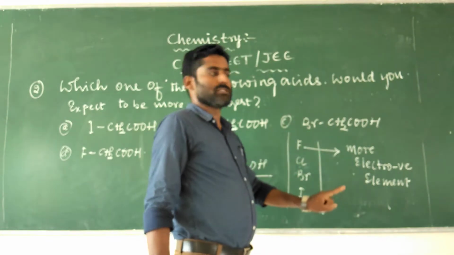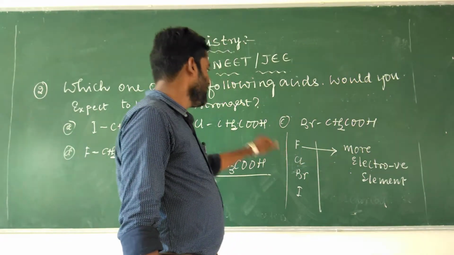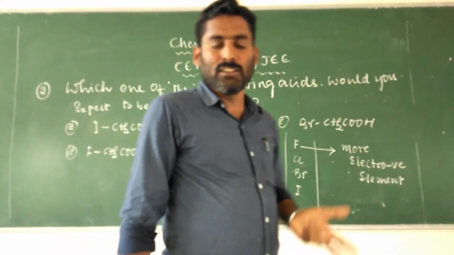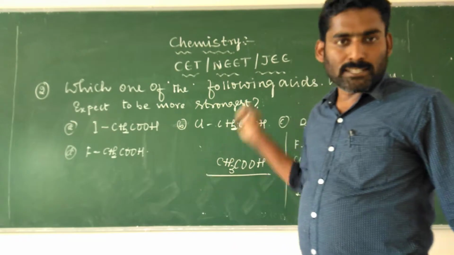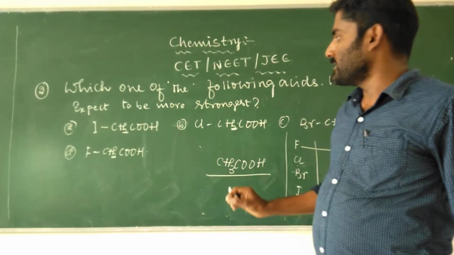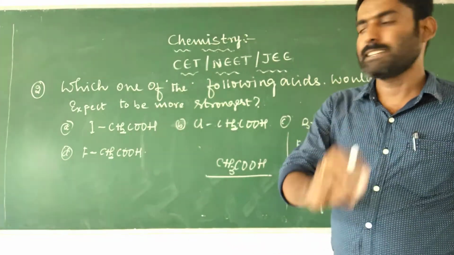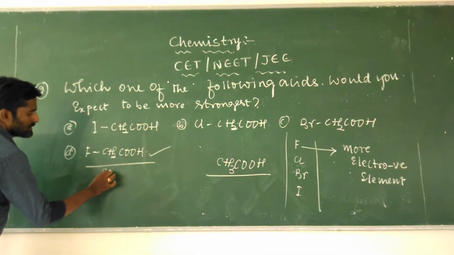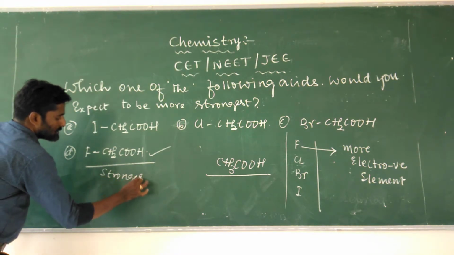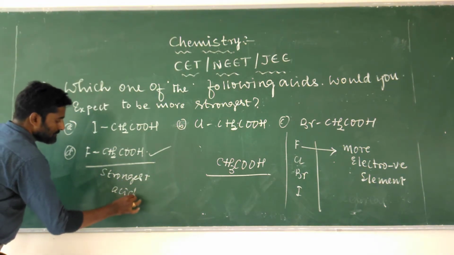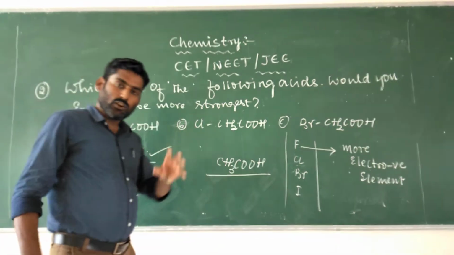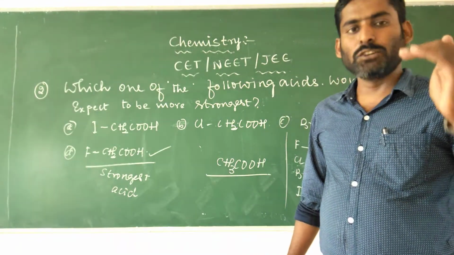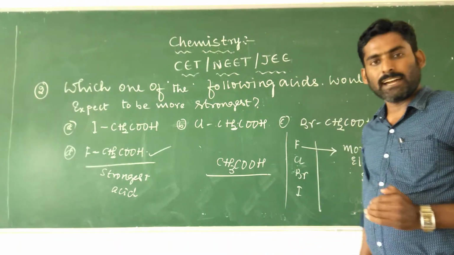Greater the electronegativity, stronger is the acid. Whenever we introduce the most electronegative element fluorine into acetic acid, its acidity increases. So among bromoacetic acid, iodoacetic acid, chloroacetic acid and fluoroacetic acid, fluoroacetic acid is the strongest acid. The strength of the acid is decided based on the electronegativity of the halogen atom.